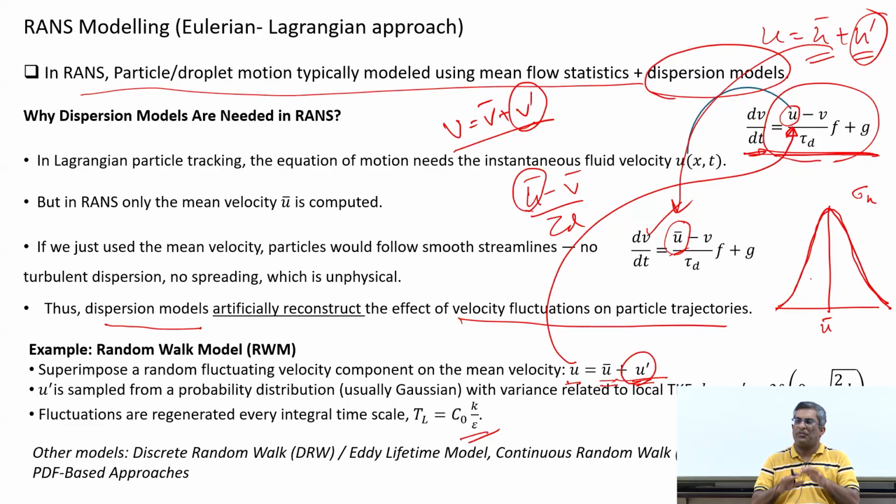But after all, these are models. You are basically introducing some approach to calculate the particle behavior, but this does not represent reality. So this is the reason why comparison with experiments or validation is extremely important.